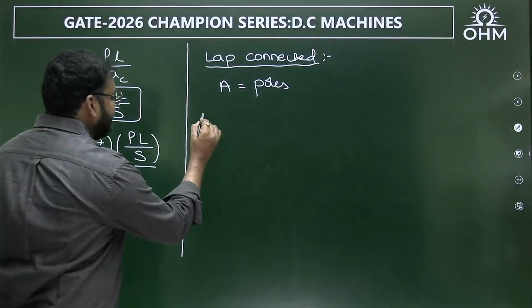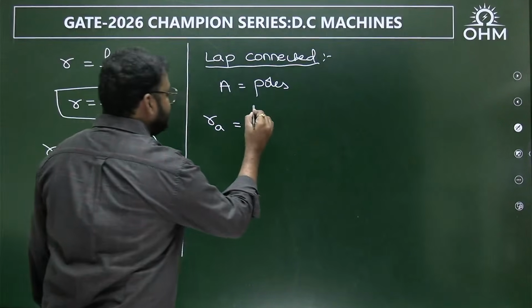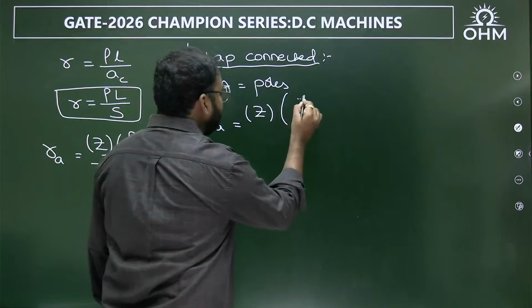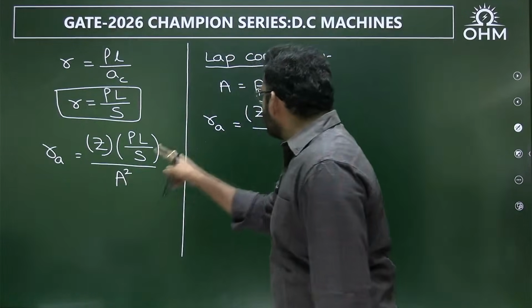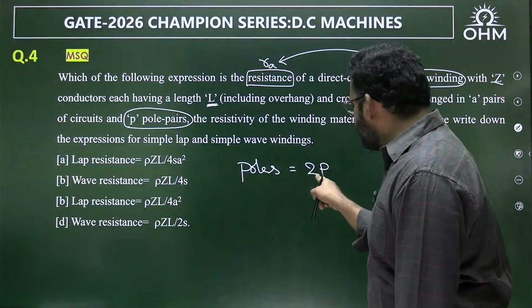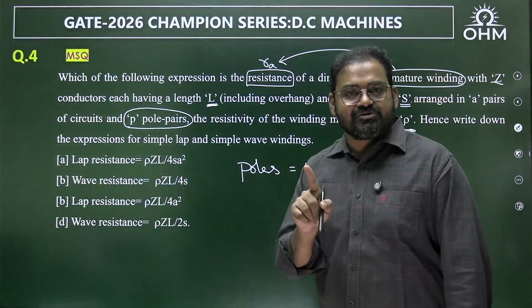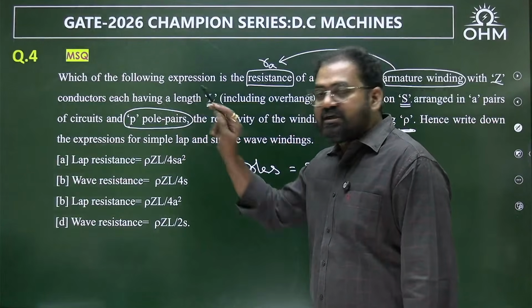Therefore, resistance of armature winding will be equal to, let me repeat this, Z into rho capital L by S by how many parallel paths are there? Number of poles. In the given question, how many poles are there? 2P, though don't confuse. P is not the number of poles here. P is pole pairs.